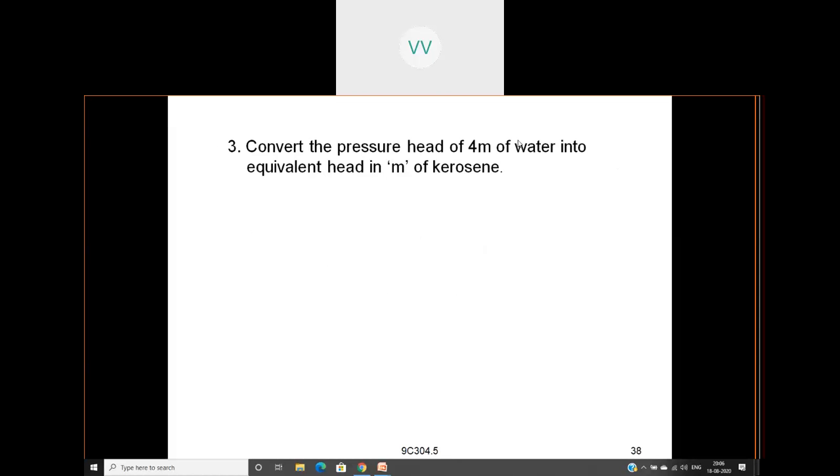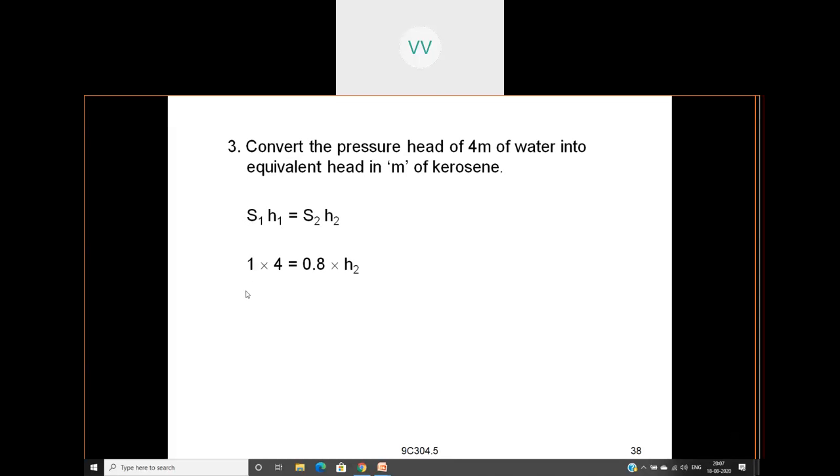Then convert a pressure head of 4 meters of water into equivalent of kerosene. Now the specific weight of both these liquids are different. So S1H1 is equal to S2H2, that means the specific gravities. So P is equal to WH, W1H1 or W2H2.